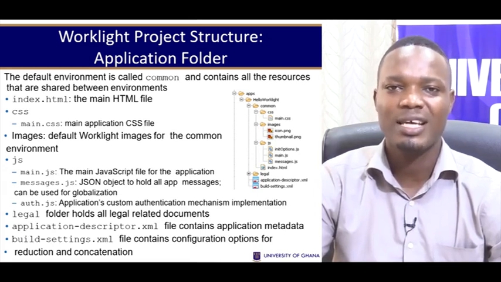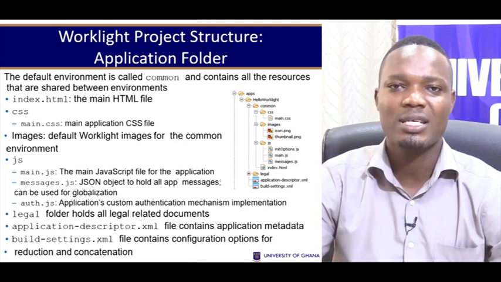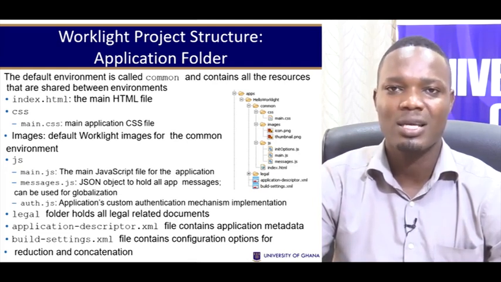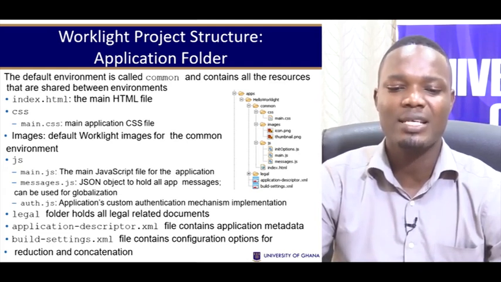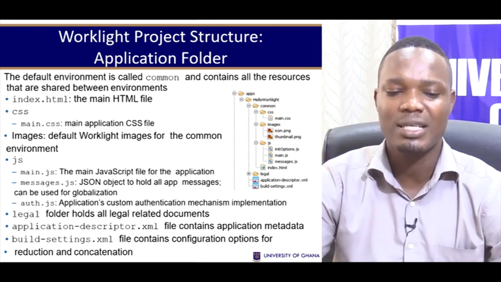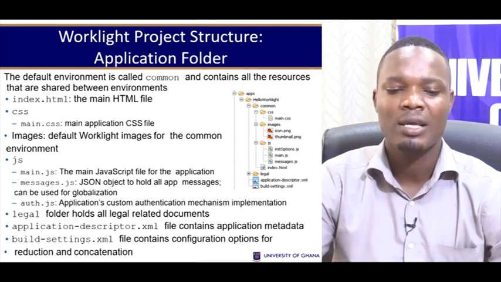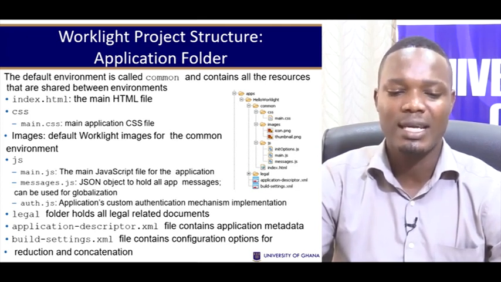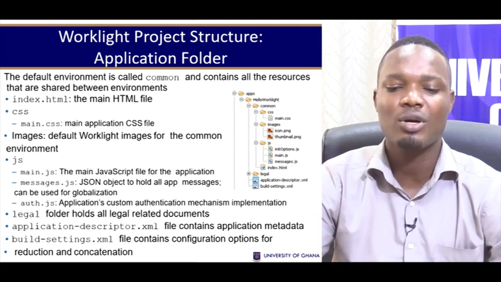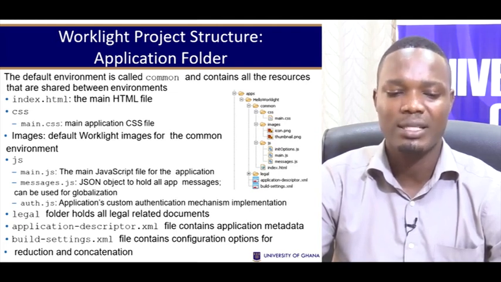Then we have the JS folder, which is the JavaScript folder that contains all our JavaScript files. And here we have by default the main.js, which is the main JavaScript file for that application. We have the messages.js, which is a JSON object to hold all application messages. And then we have the auth.js, which is the application's custom authentication mechanism implementation.